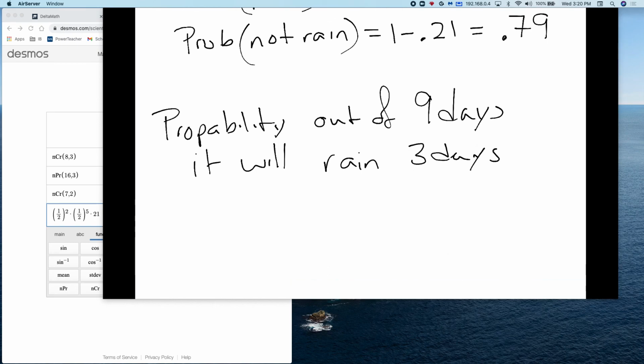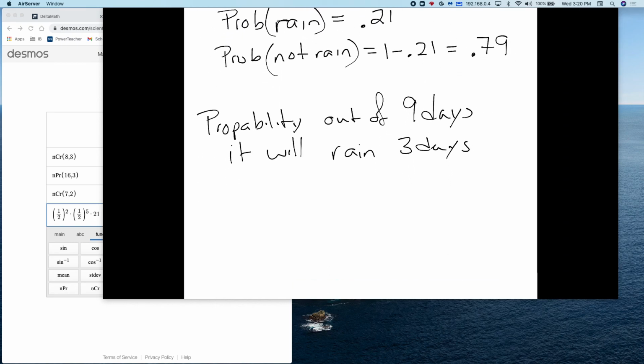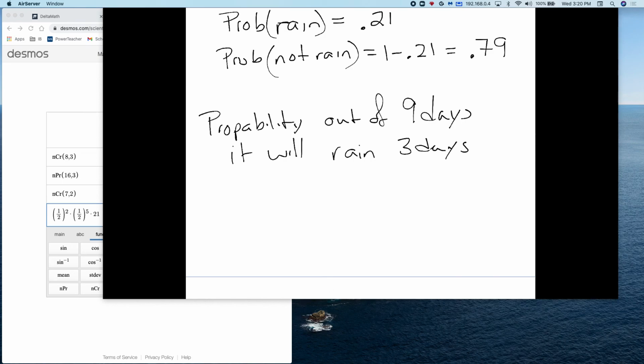So what we're going to do is the following. We're going to calculate it by saying, okay, we got 9 days. We're going to choose 3 of them to rain. The probability that it's going to rain is 0.21, and it's going to rain 3 days.